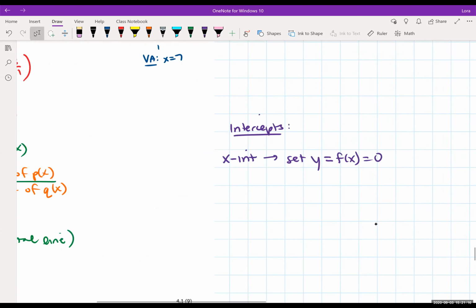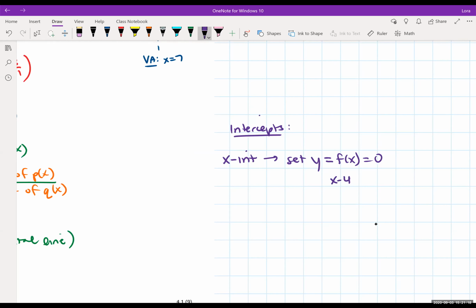We'll go back. If we set that equal to 0, here again, we've got a single fraction equal to 0. And when that is the case, a single fraction can only be 0 when the numerator is 0.